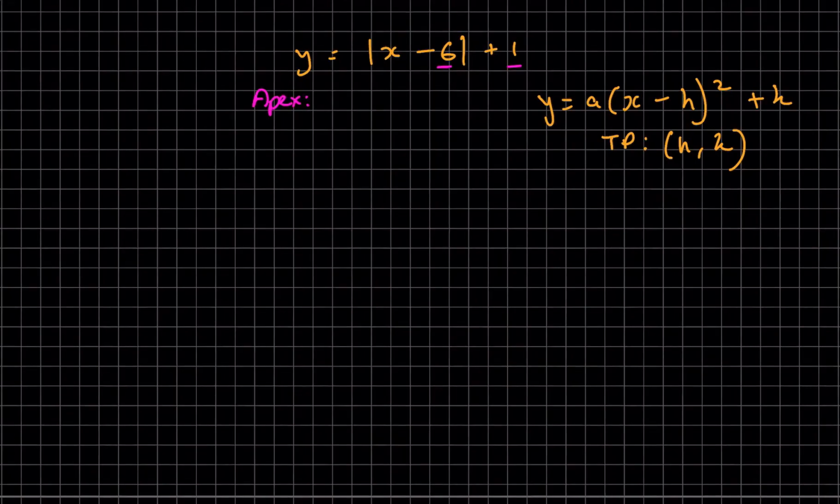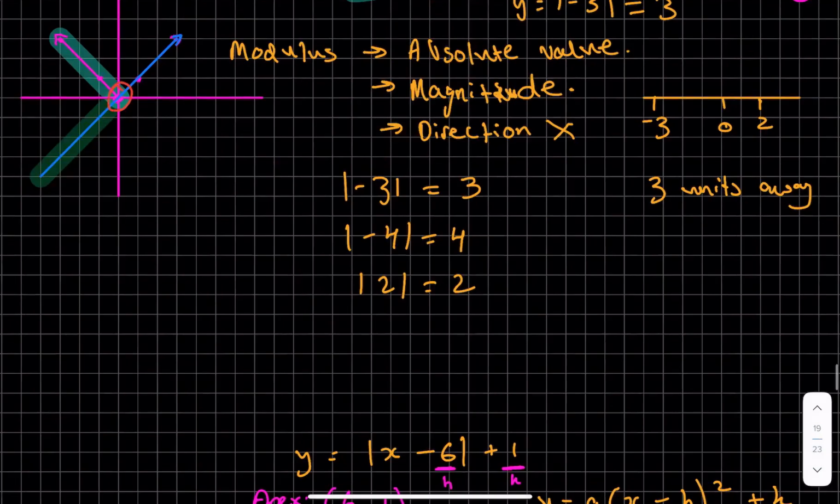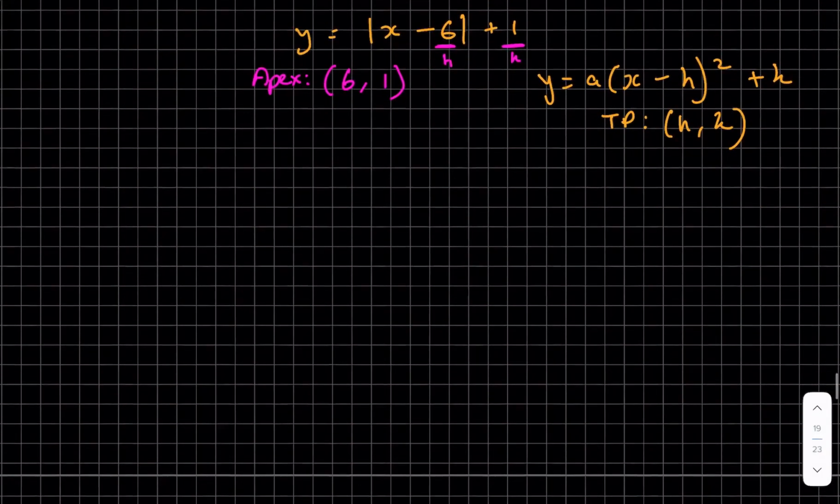Your apex over here would be at 6, 1. So this is your h and this is your k. So your apex for this graph will be at 6, 1. Now, the apex, in case you didn't know, is actually the point of the V-shaped graph. So that would be over here for the last graph that we drew. So we know that the apex will be at 6, 1.